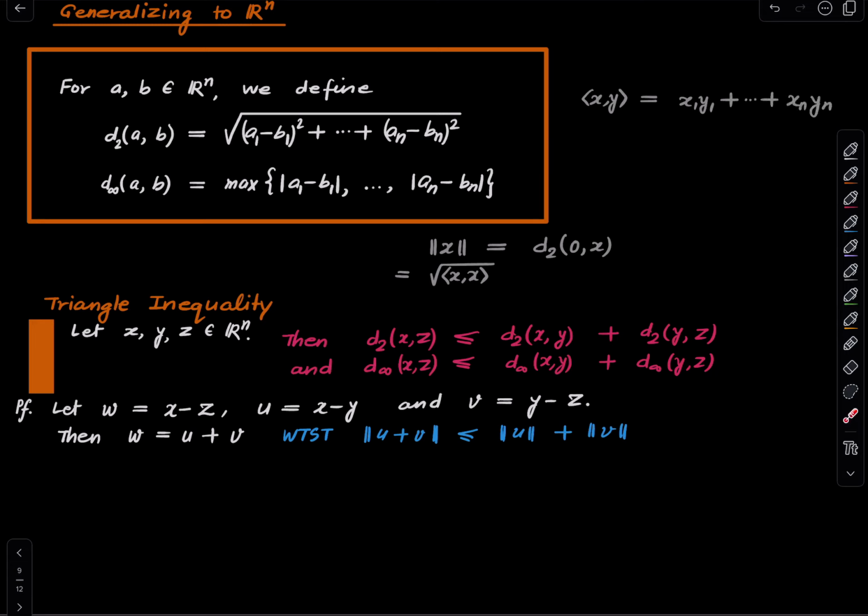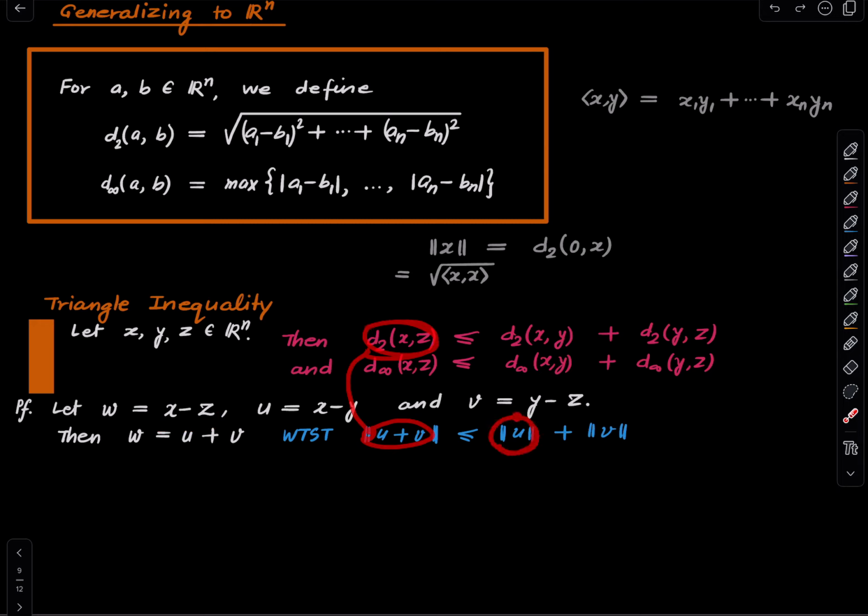Right. So with all of that, we just want to show this because what is u plus v? U plus v is x minus z, and norm of x minus z is same as that thing.